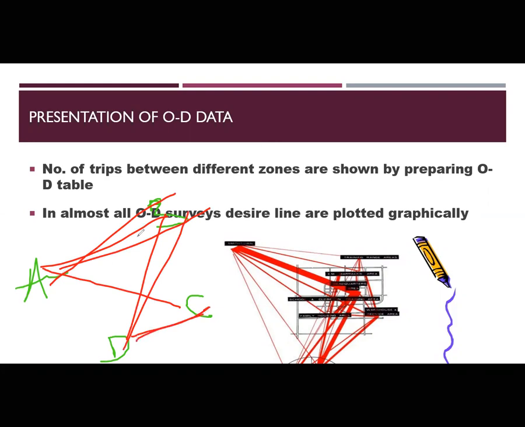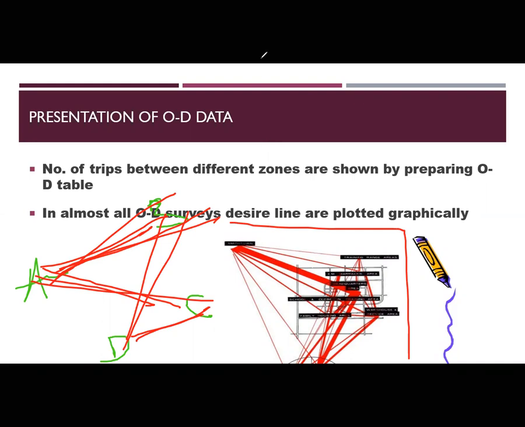Okay, so the maximum trips on a particular route are shown as a thick line. The thicker the line, the more trips there are, and the more important the road or particular way is. So that's why we provide the origin and destination line, or we could say the desire line.